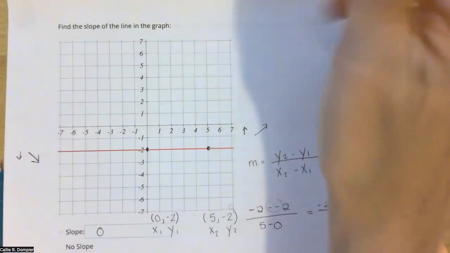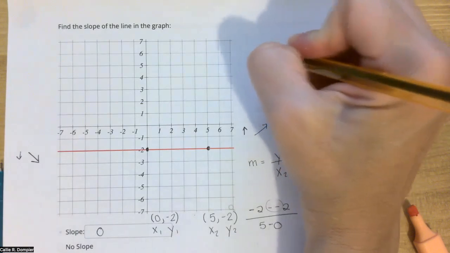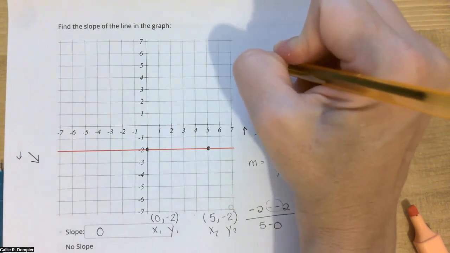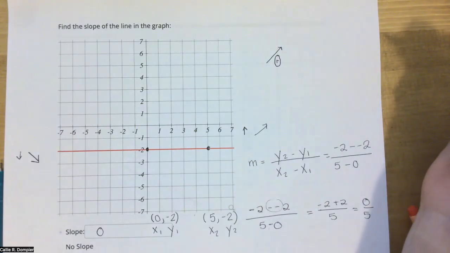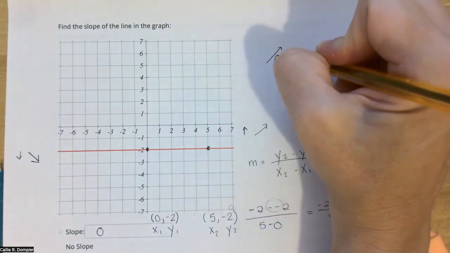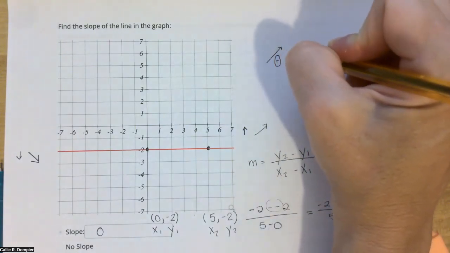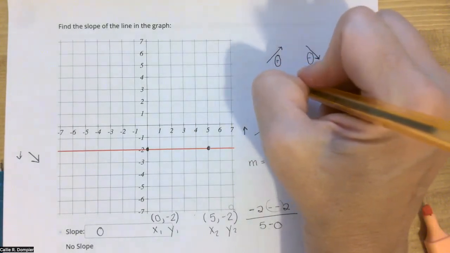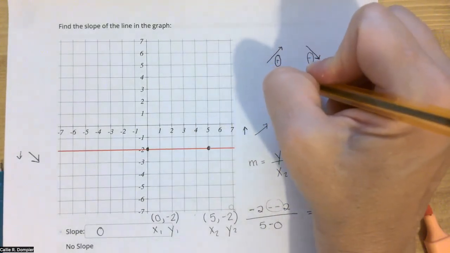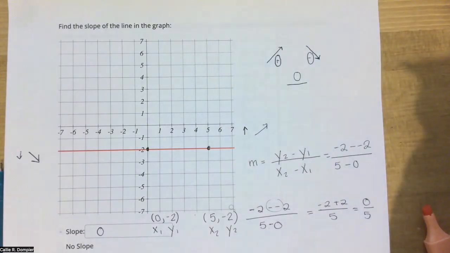Also, you can think of slope man, right? That's a positive slope. That's a negative slope. That's a 0 slope.